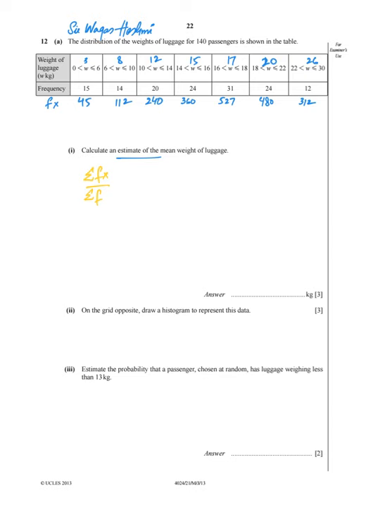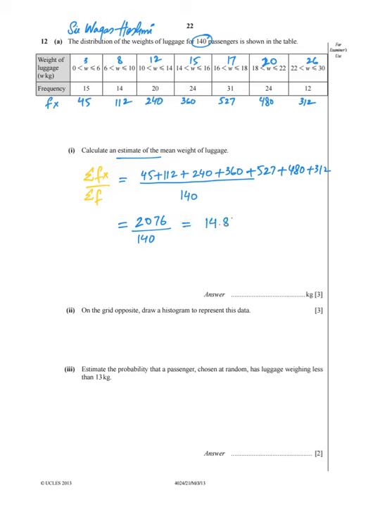The total frequency is given in the question, that is 140. So the denominator is 140, and for the numerator we need to add all those values that we multiplied in the above table. So the summation is 2076 divided by 140, and it gives you 14.8 kg. That is your estimated mean weight.